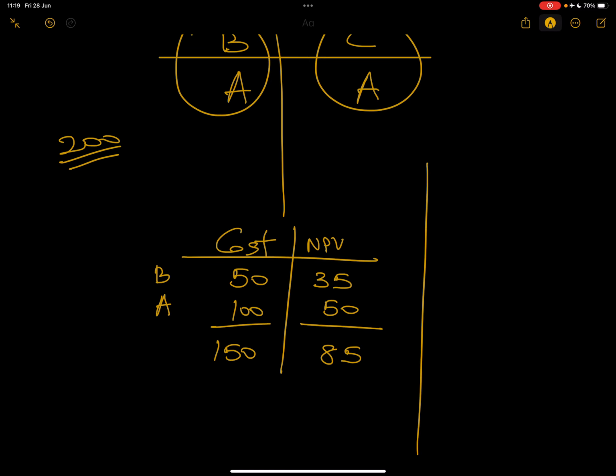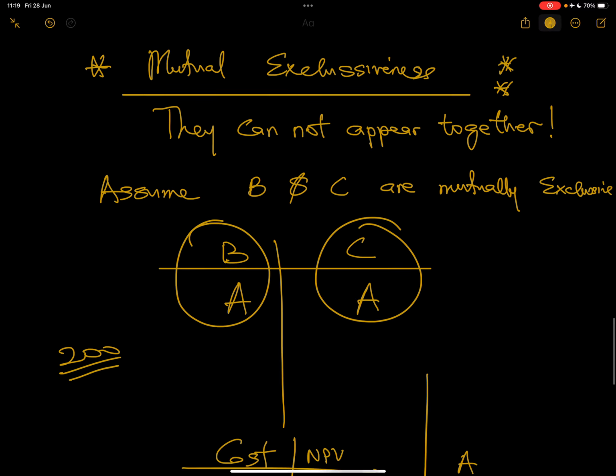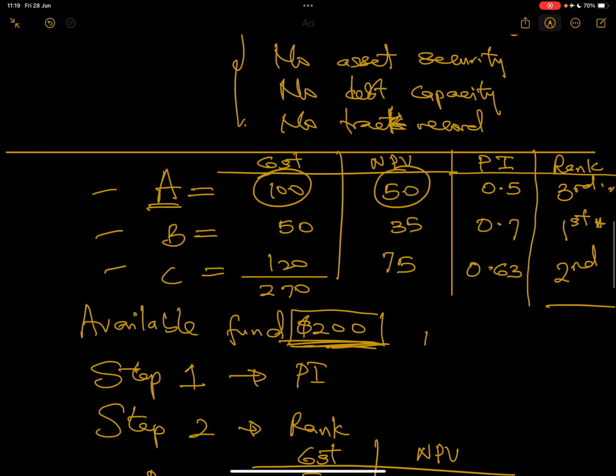Then the other group is group C. Similar approach. Which one will you do first?